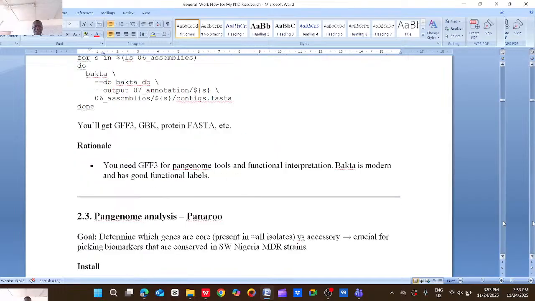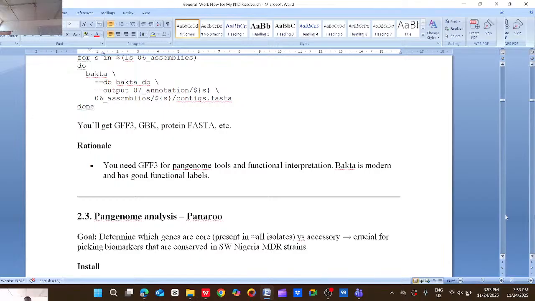Get FastQ files of 5 different organisms. You can see I've already given you 3 or 4 assignments.